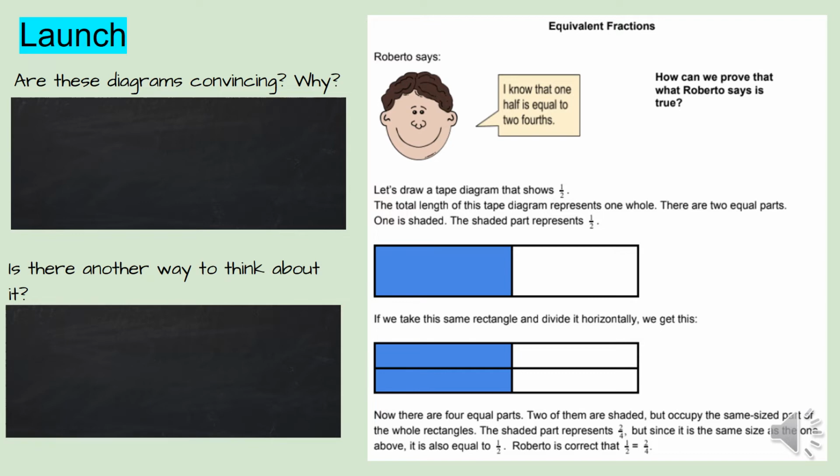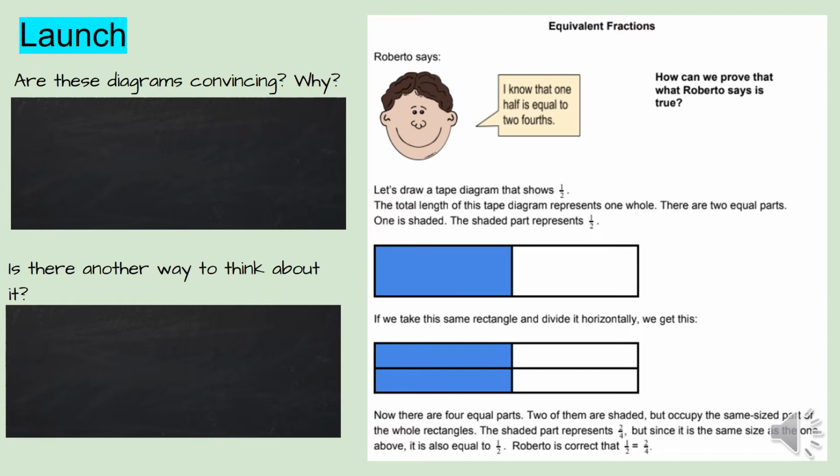Do they understand that it is the area, not the number or size of the pieces, that determines equivalency? It is the same area. If you look at it, it's the same area that is shaded. That is what determines equivalency.